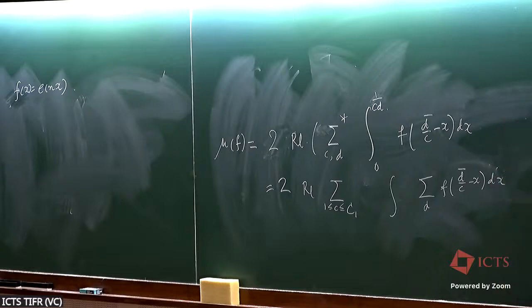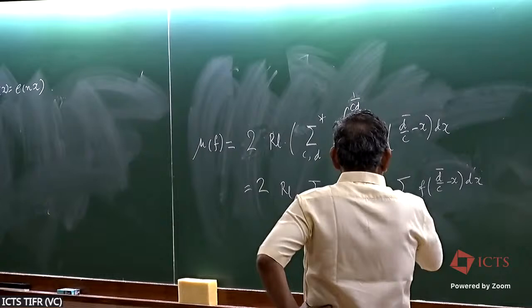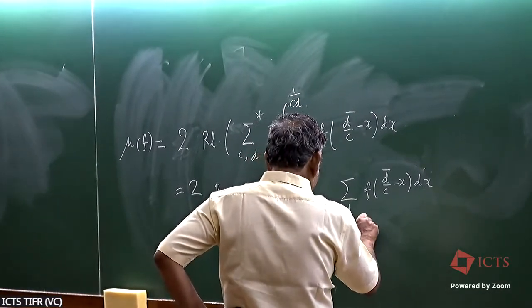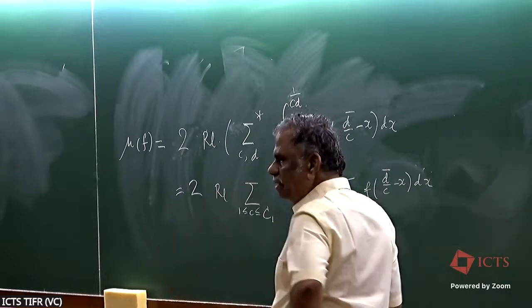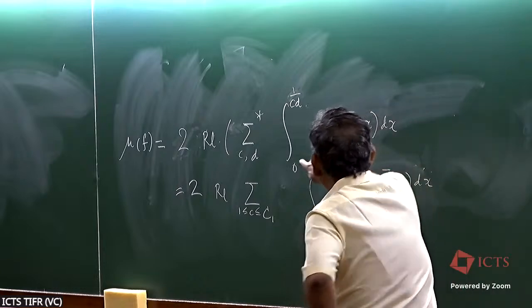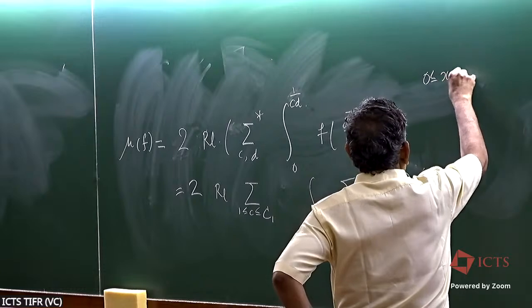Now I have to write the conditions on d. One thing is that we already know that capital C is less than or equal to d less than or equal to little c plus capital C. The other condition on d was that this funny thing, which means that you have 0 less than or equal to x less than or equal to 1 over cd.